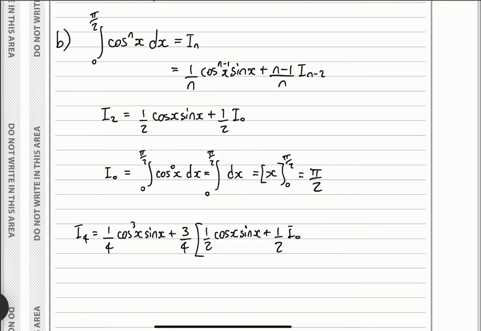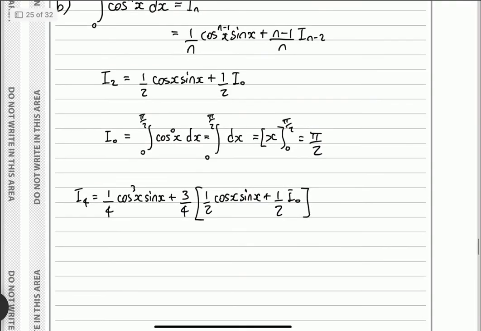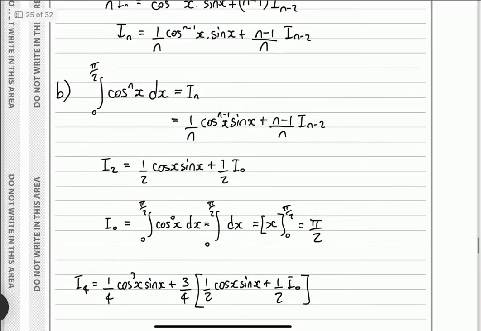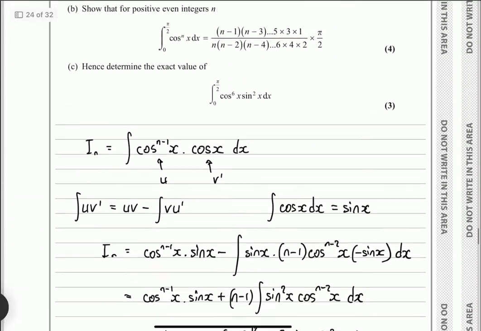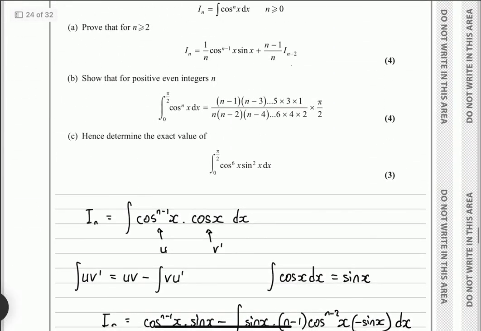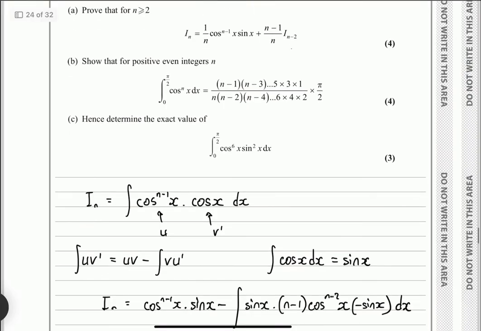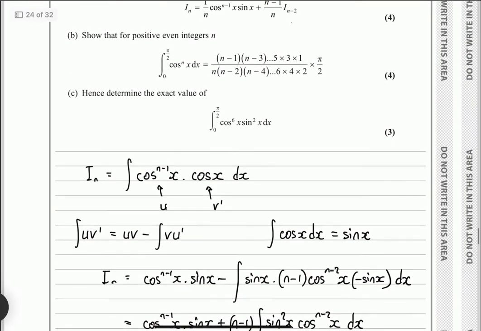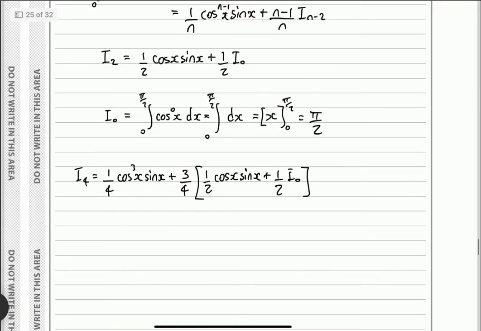Now we know I0 evaluated, but I haven't evaluated the rest, so let's leave that for now like that. Not really seeing... Let's try putting in... Let's start from the other end.